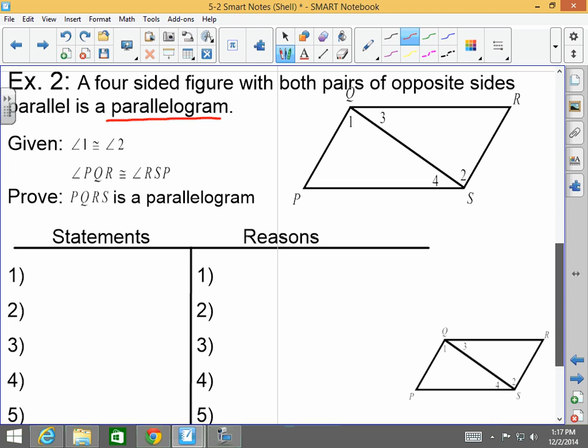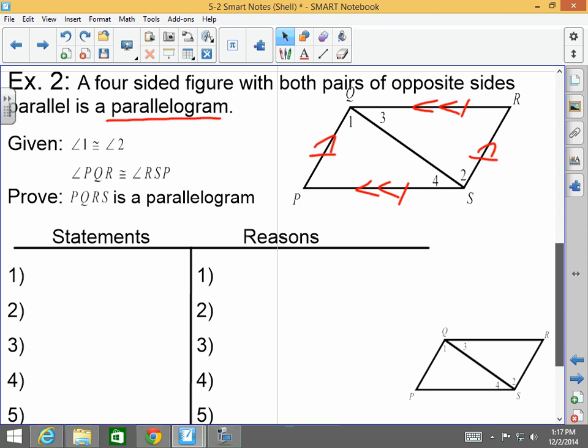When you have a 4-sided figure and opposite sides are parallel, it's kind of like the tick marks. Okay? One little arrow, that's parallel to that. Two arrows, that's parallel to that. When you have opposite sides of a four-sided figure parallel to each other, then that is a parallelogram.